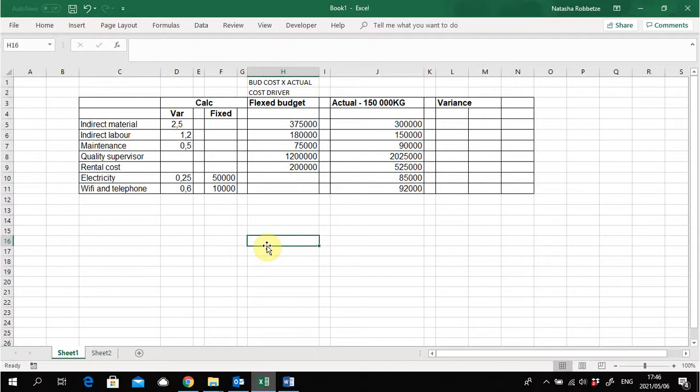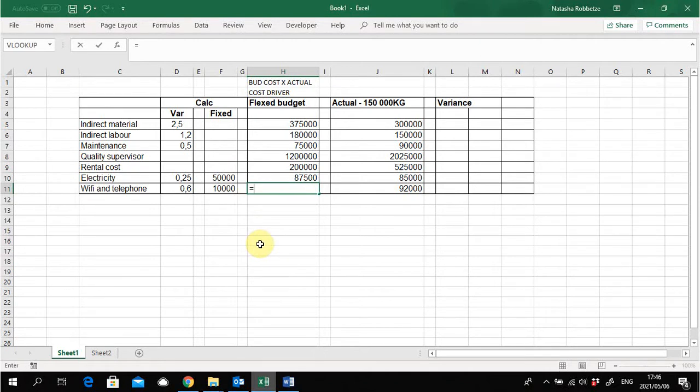All right, for the electricity and the Wi-Fi, we now have two parts. We have a variable part and a fixed part. So to calculate the electricity, we're going to take the 25 cents and times it by the actual kilograms, 150,000. And then to that answer, we still have a fixed portion that we have to add as well. So we're going to add that 50,000 and I get 87,500.